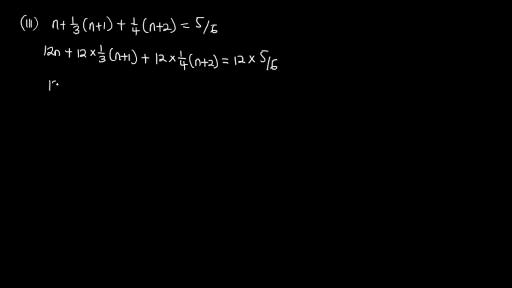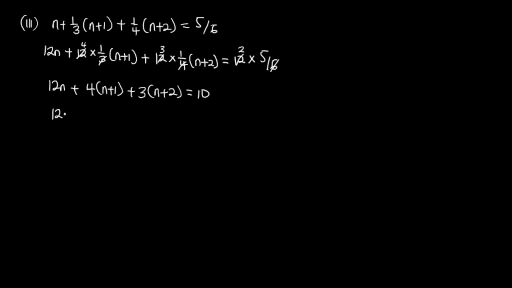So I still have my 12n here, plus 3 will go into 12 4 times, so it becomes 4 into bracket n plus 1. 4 will go into 12 3 times, so it becomes plus 3 into bracket n plus 2 is equal to 6 will go into 12 2 times, so 2 times 5 will give me 10 over here. Alright, so from here I can now expand the bracket, group like terms, and then simplify my expression.